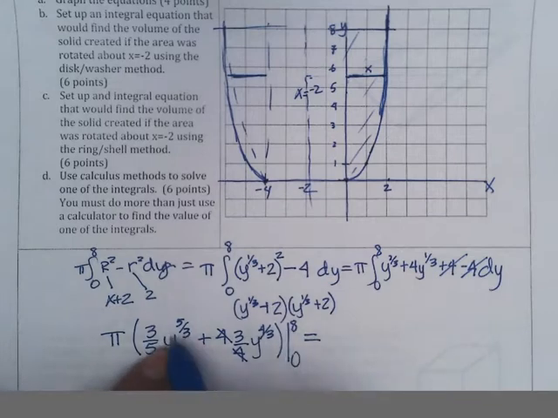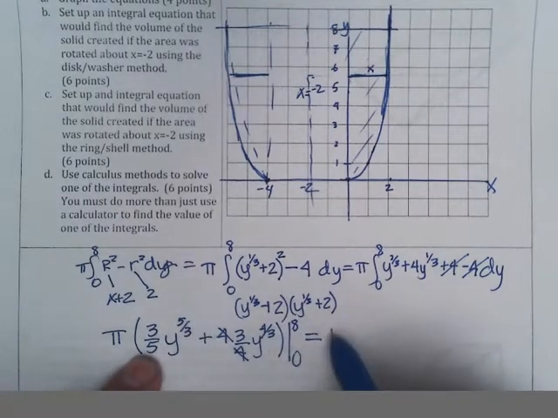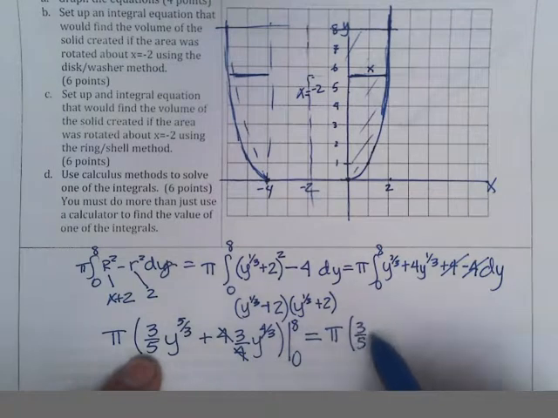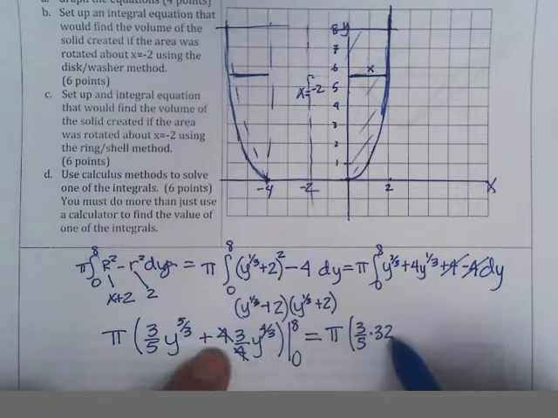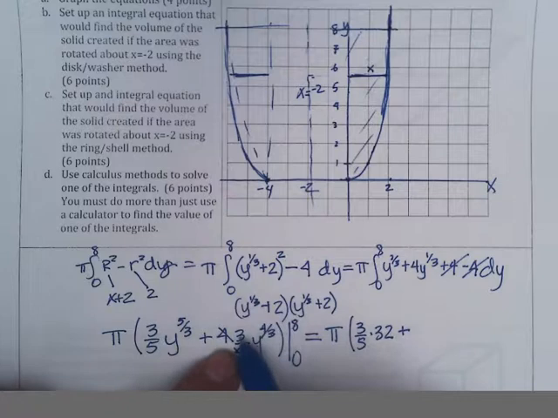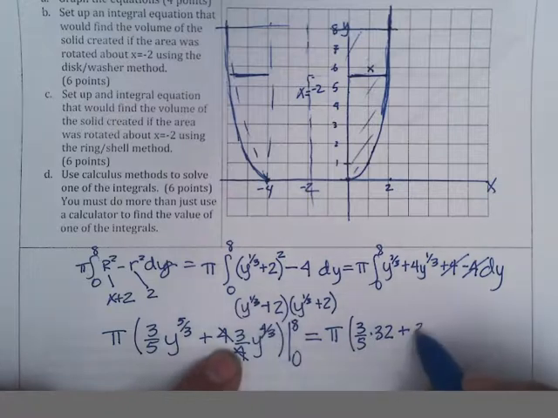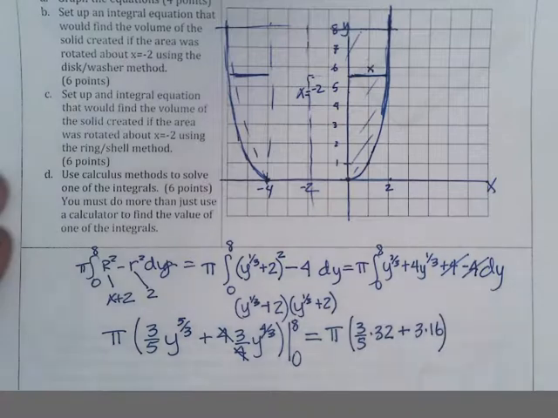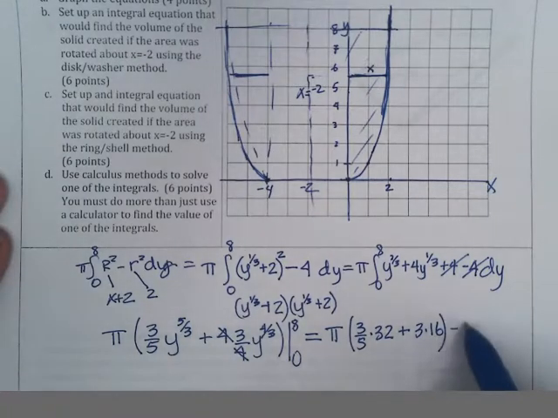The cube root of 8 is 2, to the 5th is 32, so I get pi times 3/5 times 32 plus cube root of 8 is 2, to the 4th is 16 times 3, and that works. And then if I put in the zeros, I get 0.